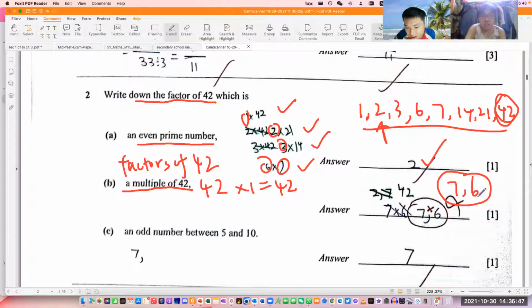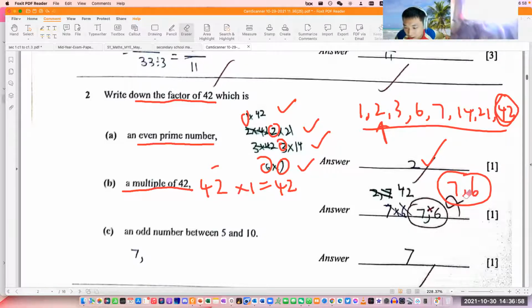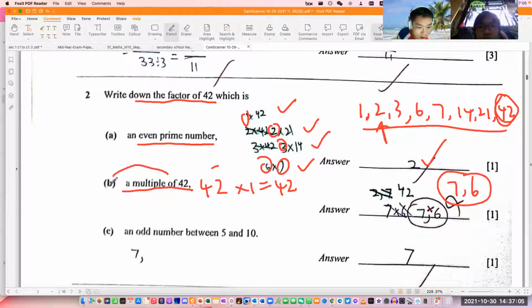But over here, clearly, the question says a multiple of 42. Clearly, based on your answer 7, 6, what are you doing? Clearly, you don't understand this meaning. You don't understand the English. Am I right?